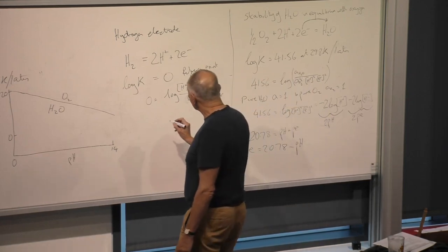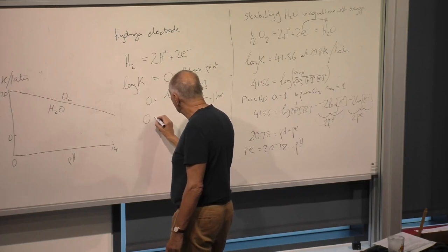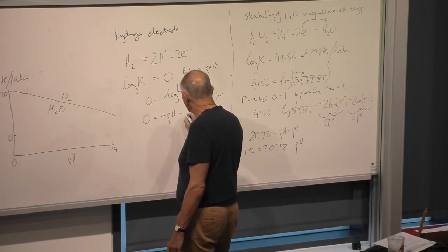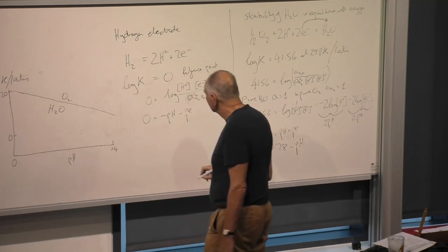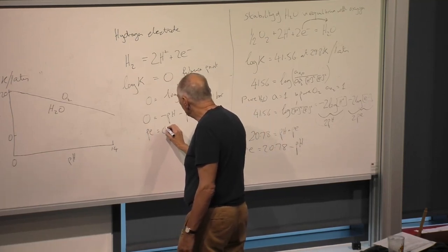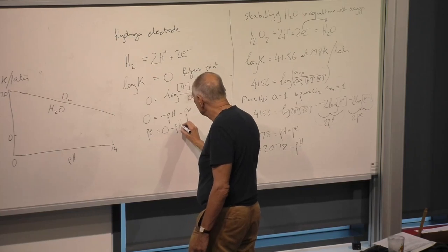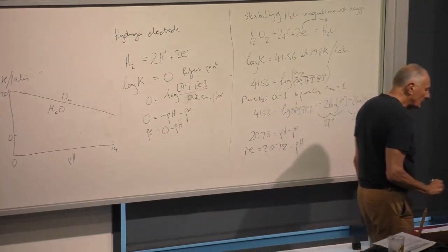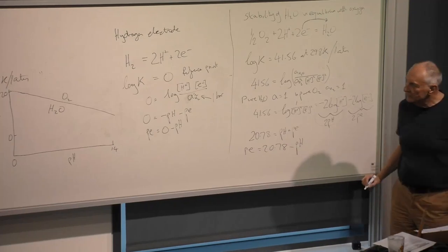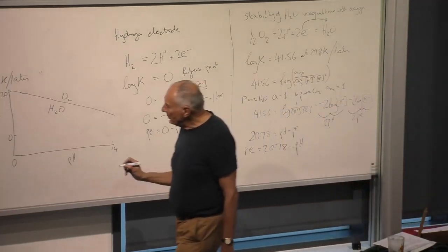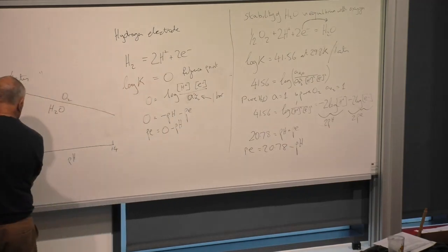So that disappears, so 0 is equal to minus pH minus PE. Or PE is 0 minus pH. Okay? So PE is 0 minus pH.